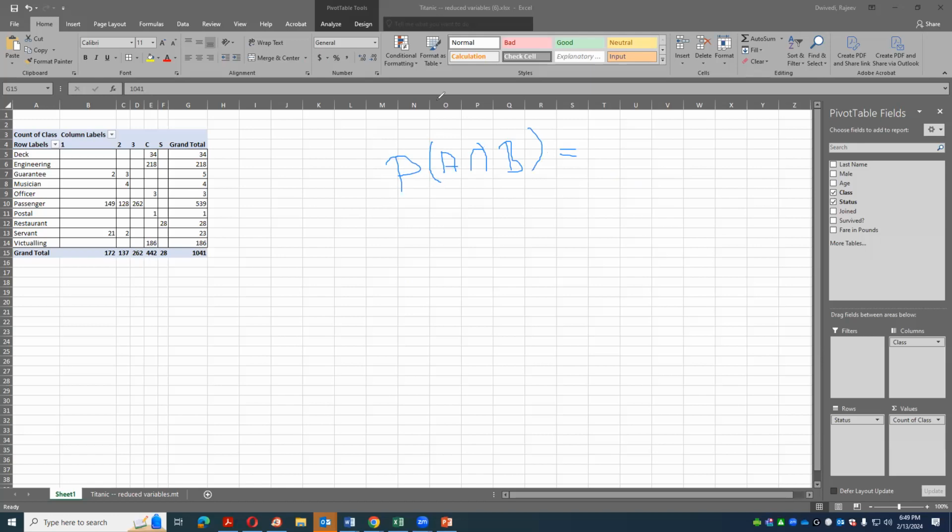There is a probability of A or B. In words, this is AND, A and B, and this is OR. So these are the two other important things. I can show you in the slides, and then I can show you how to do it with real data.